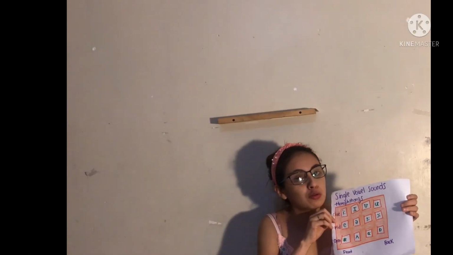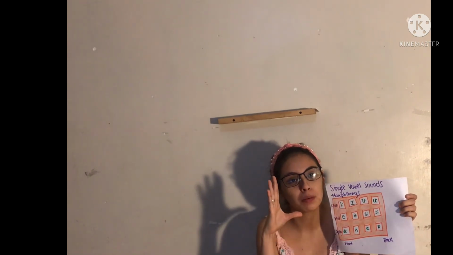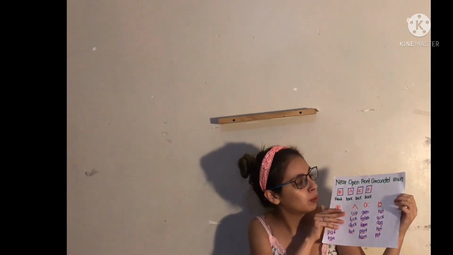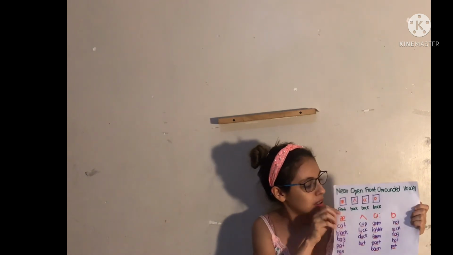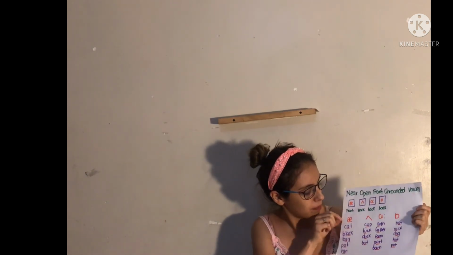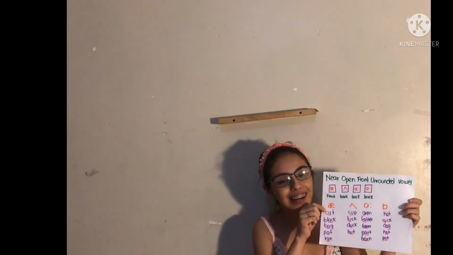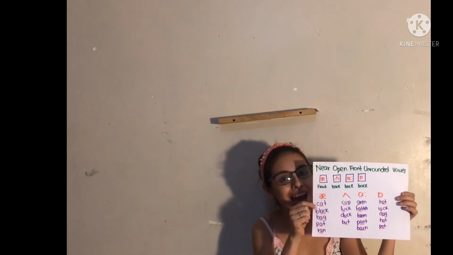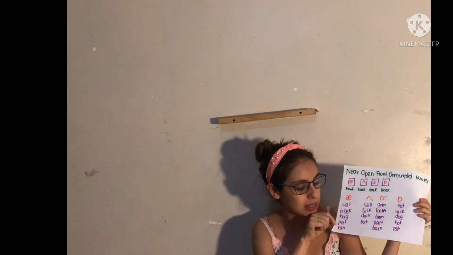Finally, we are going to see some examples of the vowels with the mouth all open, the vowels of the last row. Near-open front unrounded vowel. The first is A. For example, this: cat, black, back, pat, and run.